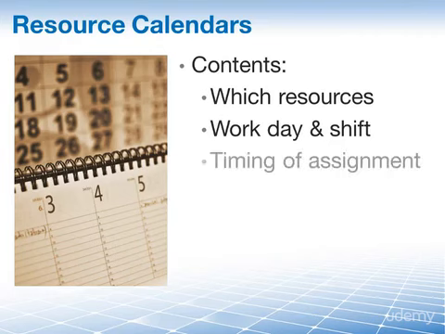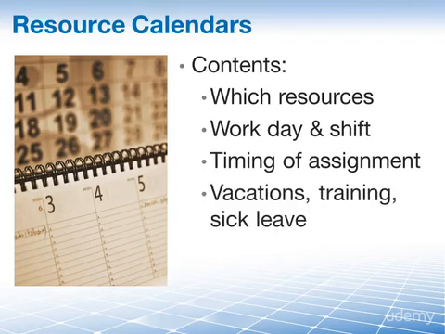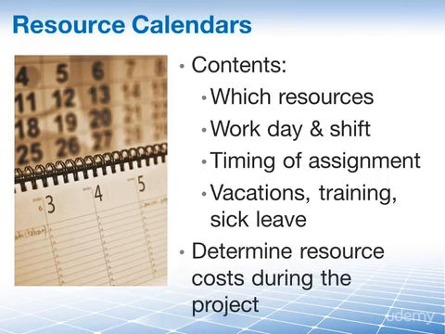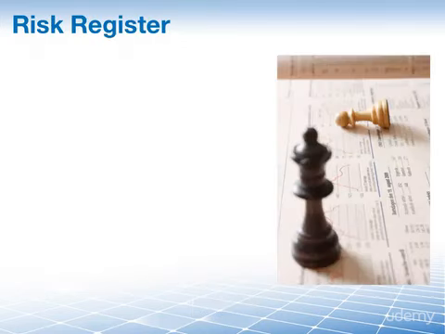It tells you the timing of when they are assigned to your project, and it also tells you when resources cannot work on the project. They may be out on vacation, training, or sick leave, so that you shouldn't schedule work for them during that time. The information on the resource calendar can be used to determine resource cost during the project.